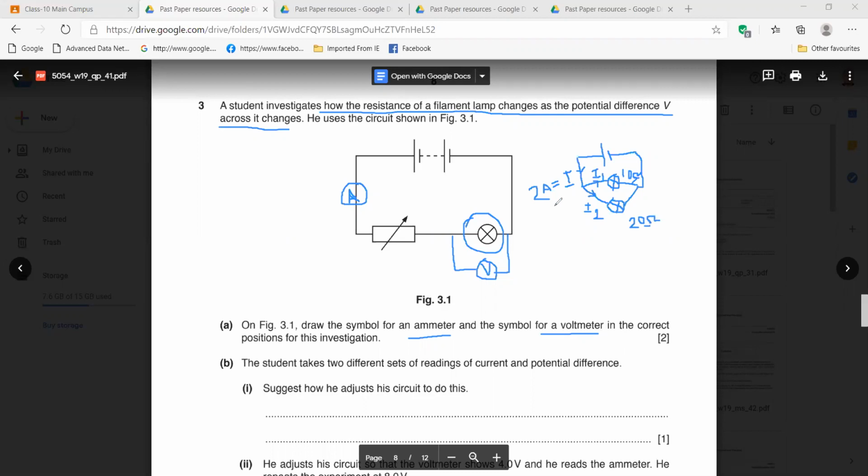It will be easier to understand if we give 3 amperes here, then the calculation is simpler. Here you will get 1 ampere, and in the other branch you will get 2 amps. Here 10 ohms, that one you will get 2 amps.